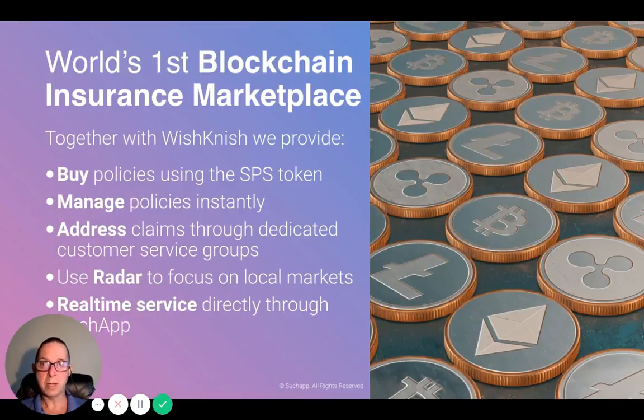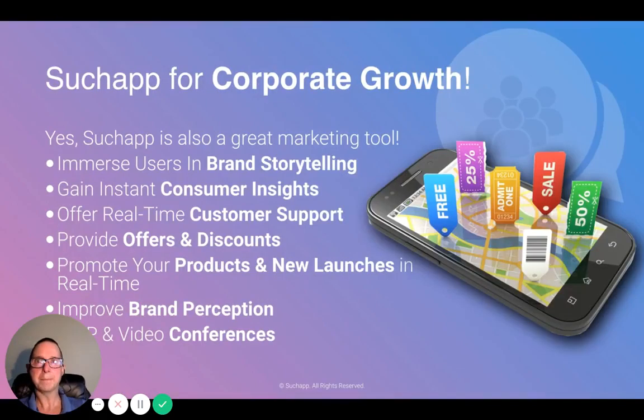You can use Radar to focus on local markets, and the companies can use the group functionality of Suchapp to provide top-notch customer service to their policyholders. So it's a revolutionary marketplace for insurance, as well as all the other functionality that we're bringing to the table.